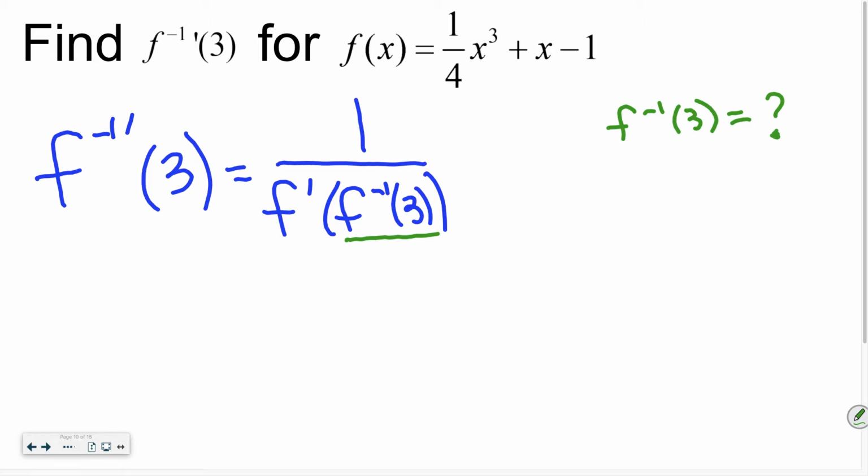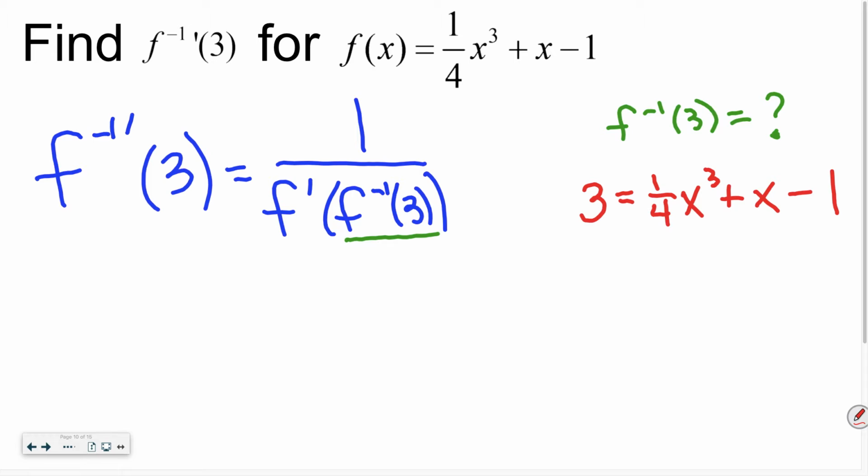Okay. So we need to figure out which x value makes our y value 3. You can use some guess and check here.